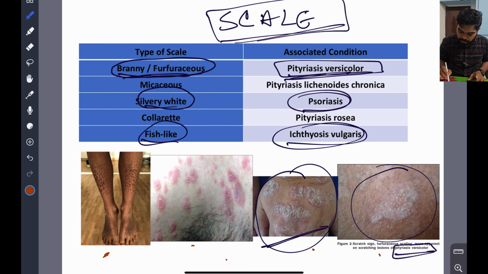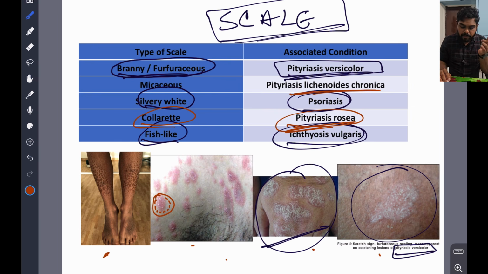Now you can see some scales that are collarette, in pityriasis rosea. Collarette means, in this diagram of the lesion, you can see scales like a collar. This is seen in pityriasis rosea, and mica-like scale is seen in pityriasis lichenoides chronica.